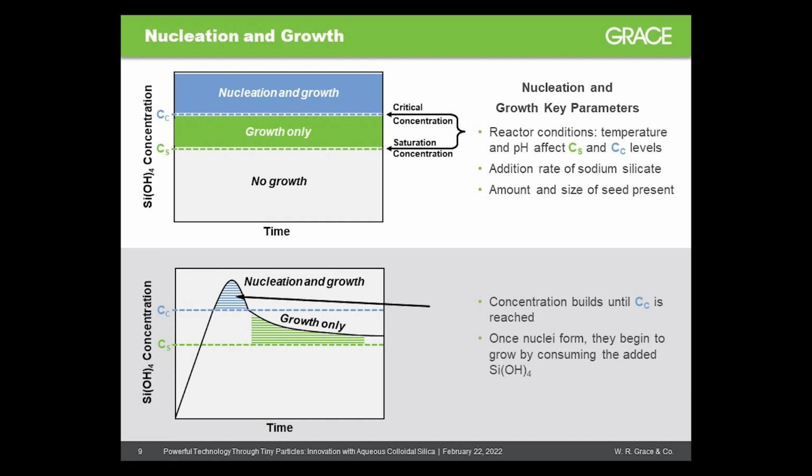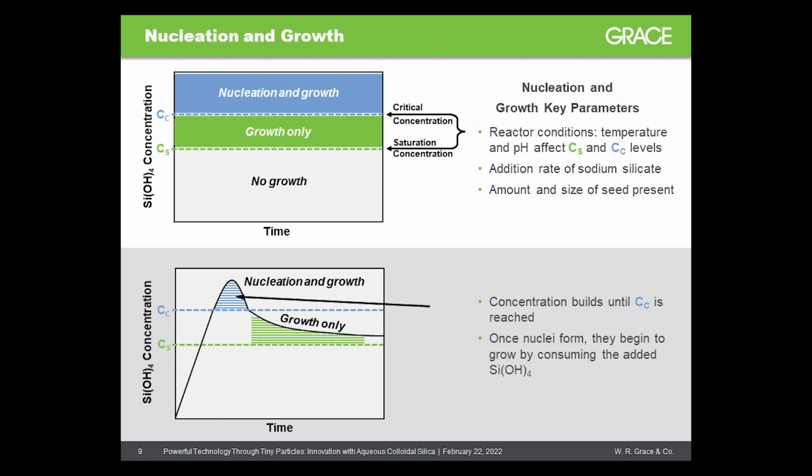Reactor conditions that are important during particle nucleation and growth include the temperature and pH, as these strongly affect the critical and saturation concentrations. Process parameters such as the addition rate of silicate, mixing speed, and the particle size of any seed present are also important.